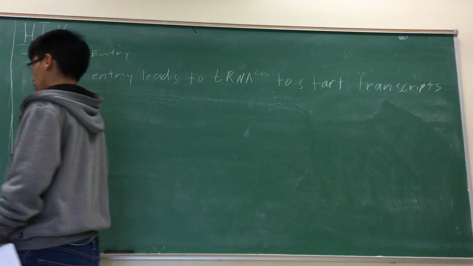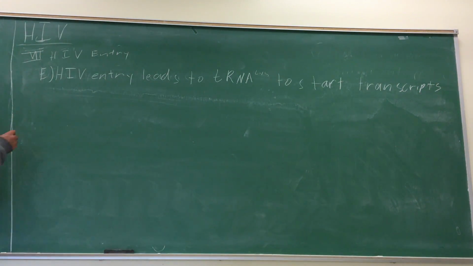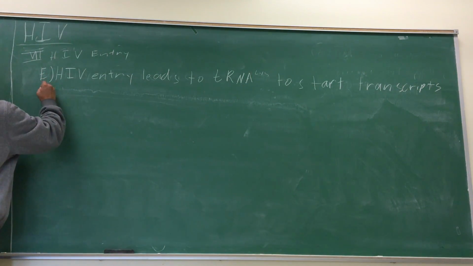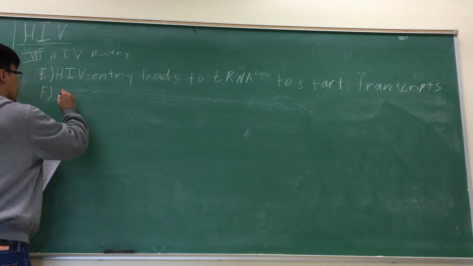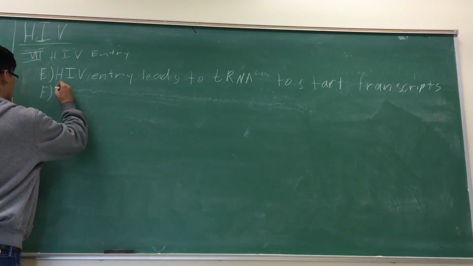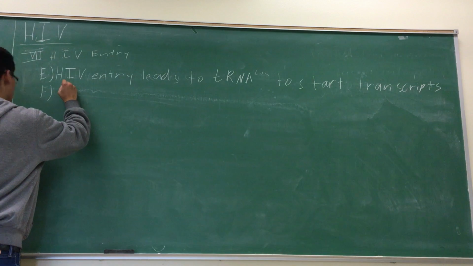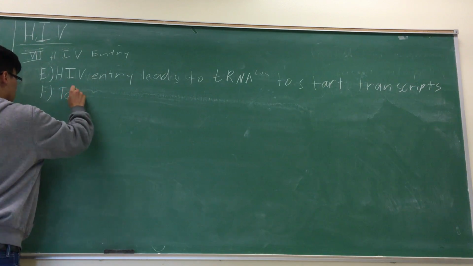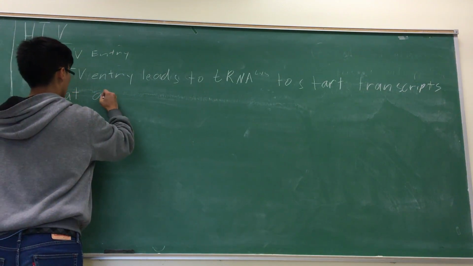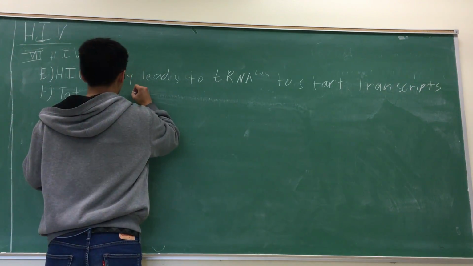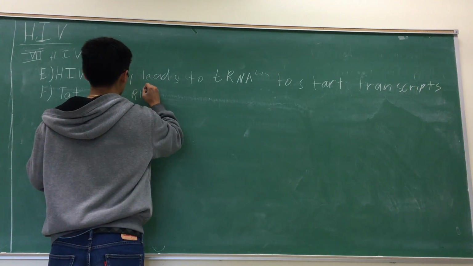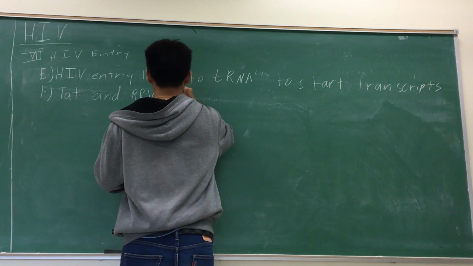The tRNAs serve as a primer. So when HIV enters our cell, the tRNA that comes with the virus is activated to start transcription, specifically reverse transcription. So these, and then TAT and REV, remember these are the regulatory proteins.